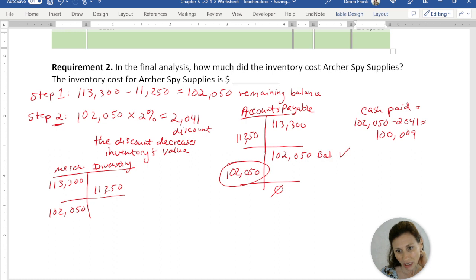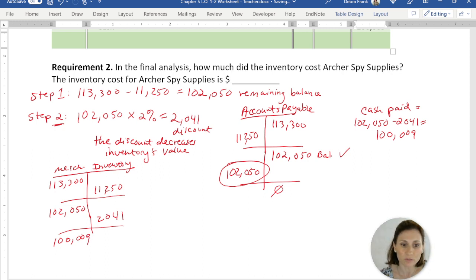That's my T account for my ledger balance for merchandise inventory, but it's not really that value because I got a discount on what was owed. So the real value of my inventory will be less that discount, which would be the same amount as the cash.